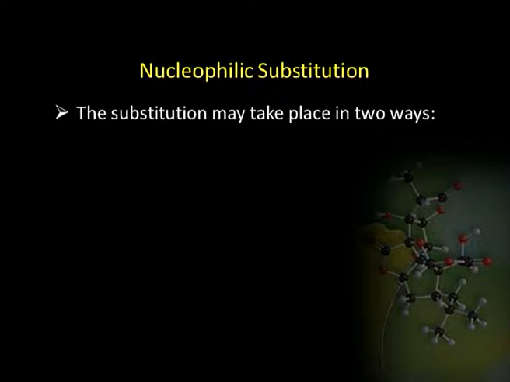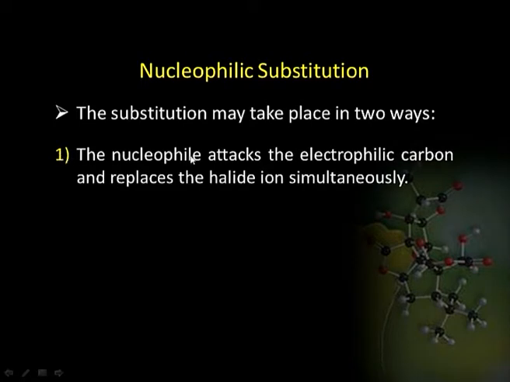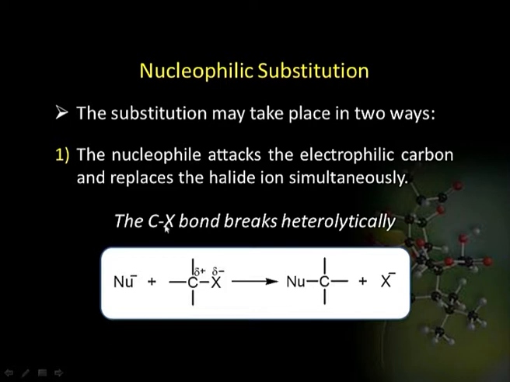The substitution may take place in two ways in case of alkyl halides. In the first case, the nucleophile attacks the electrophilic carbon and replaces the halide ion simultaneously. The C-X bond breaks heterolytically, the nucleophile attacks the carbon atom and simultaneously, as the nucleophile gets attached to the carbon, the halide ion leaves.